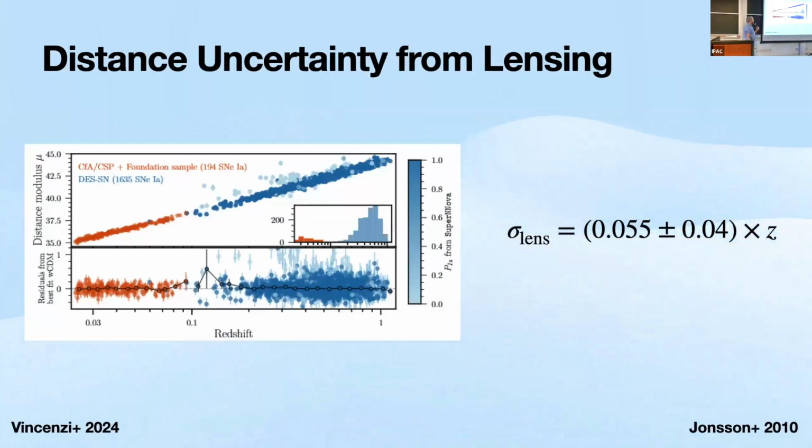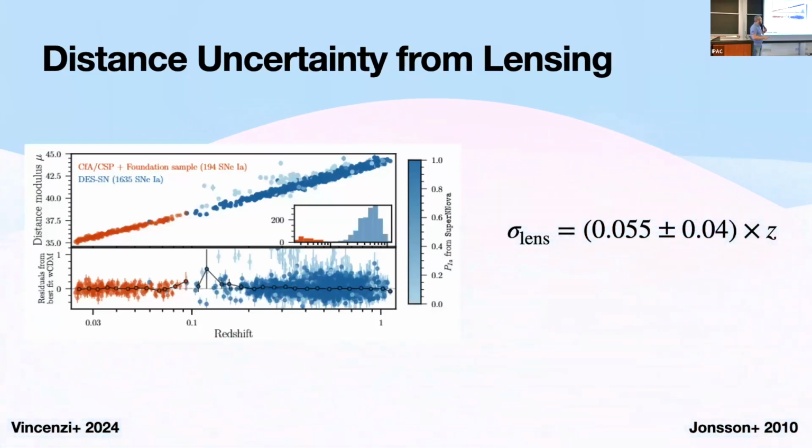So here's what they've done before. In the DES cosmology analysis, we used this sort of linear relationship. As you go higher in redshift, you have more material between you and the supernova, and so you increase your scatter due to this effect.